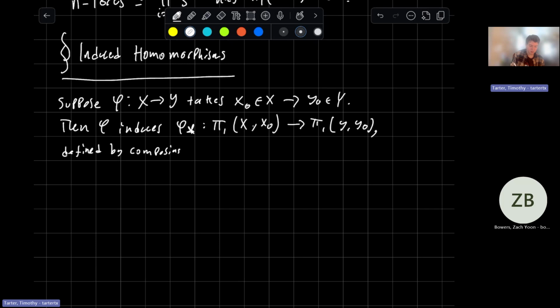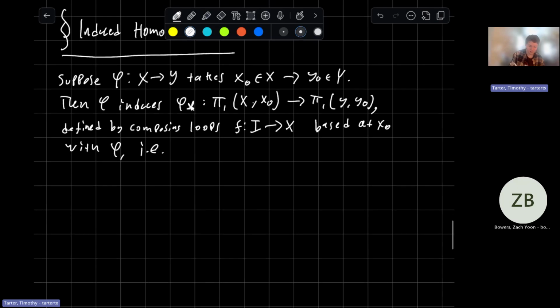By composing loops f from I to X based at x naught with phi, i.e. phi star of f is equal to phi of f.